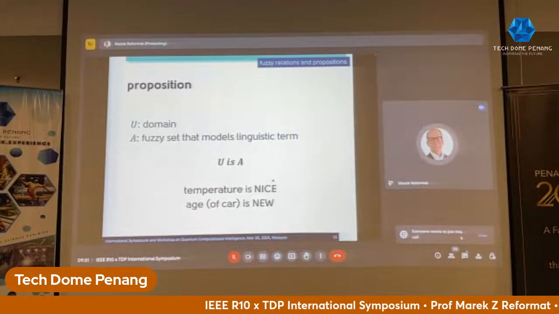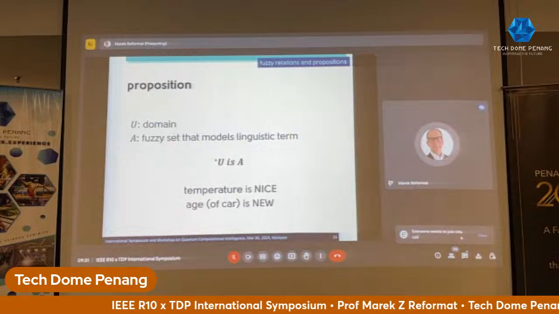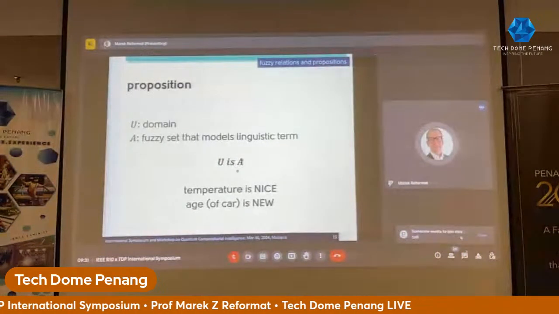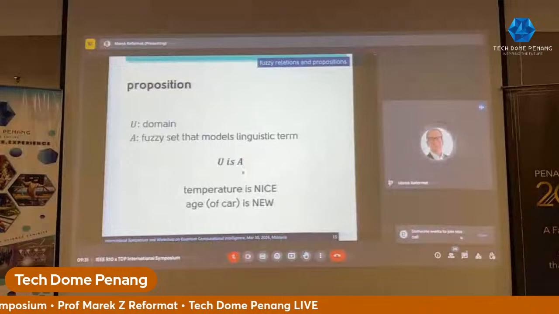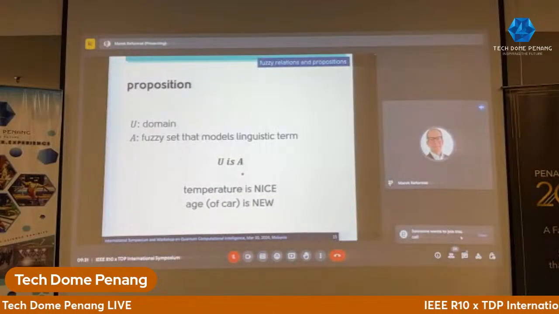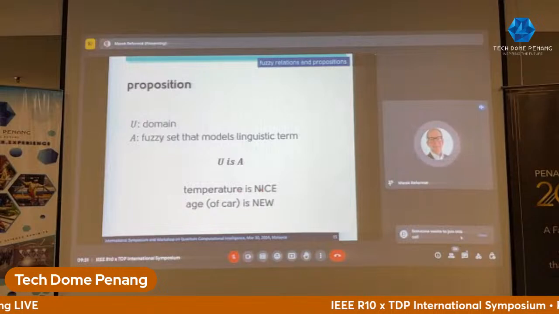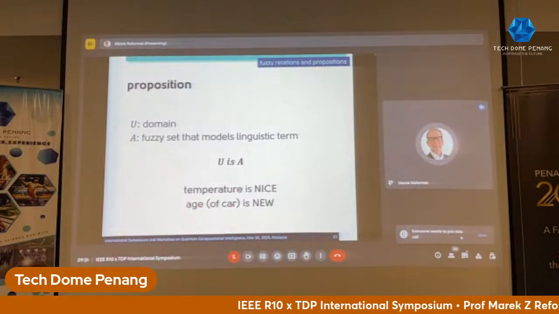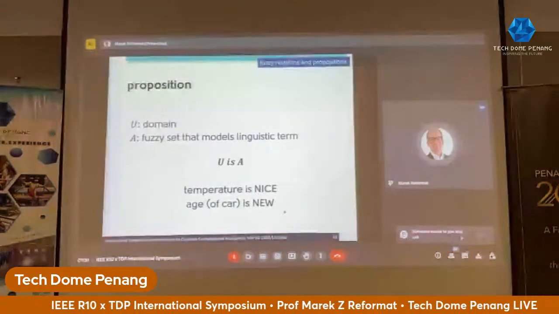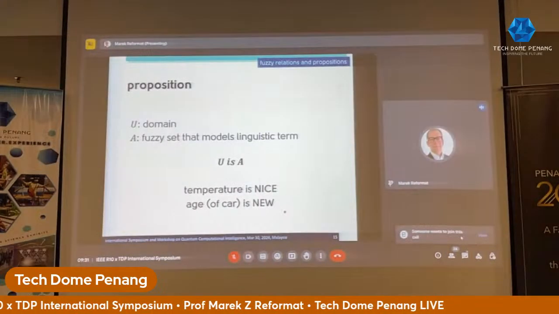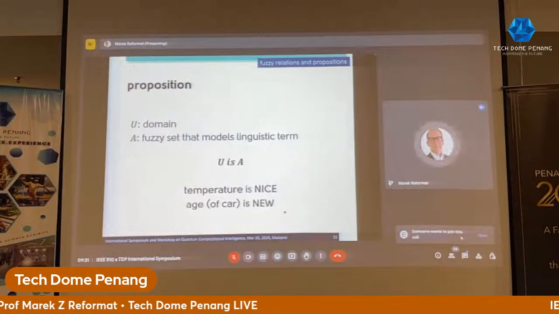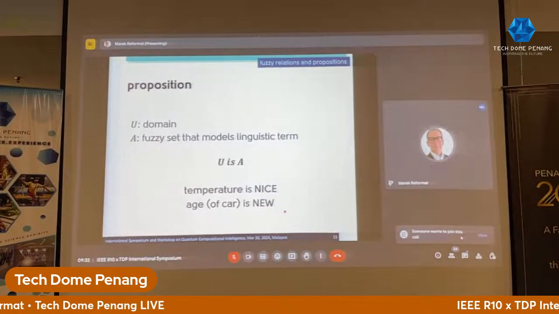So as you can see here, we have some domain, and we talk about that specific linguistic term when we try to describe this fuzzy set which we produced last month. For example, temperature is nice, the age of the car is new. Of course, nice and new represent the concept which we use as a label for our fuzzy set.